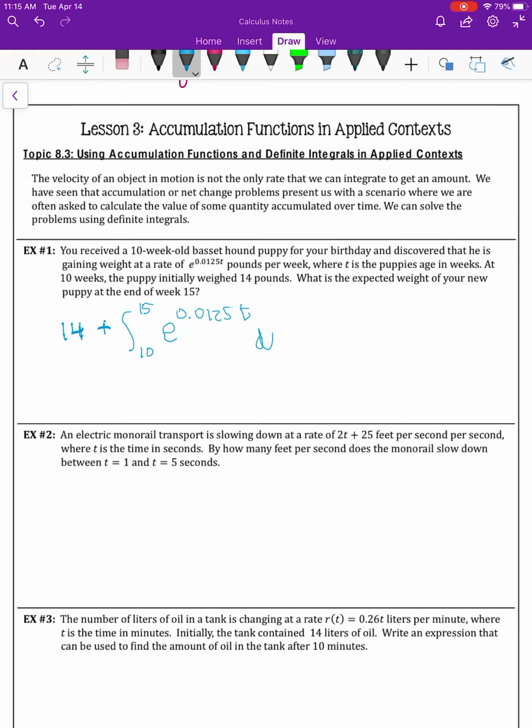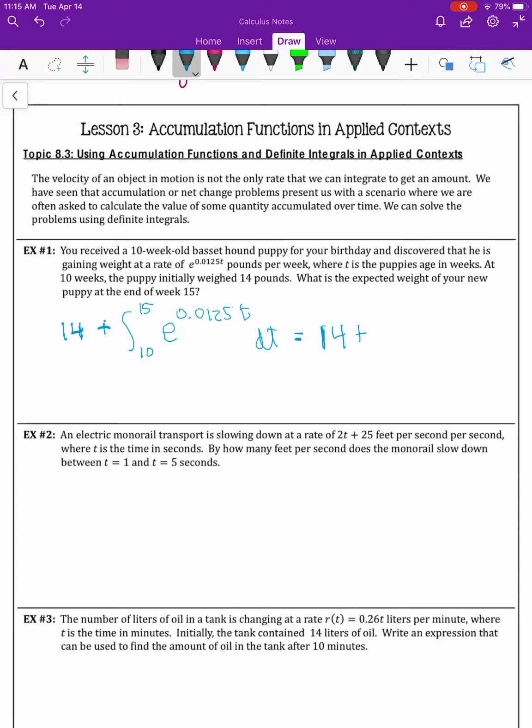And now the integral is going to give us that additional weight from 10 to 15 weeks so that we can give an answer for the approximate weight based on this rate equation at the end of week 15.